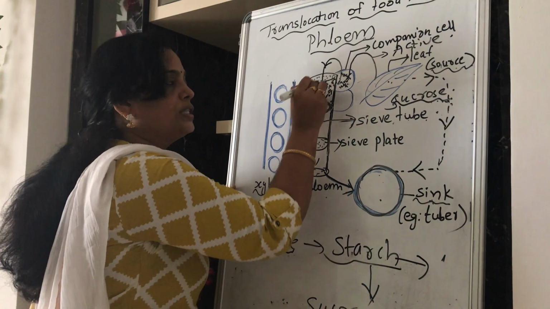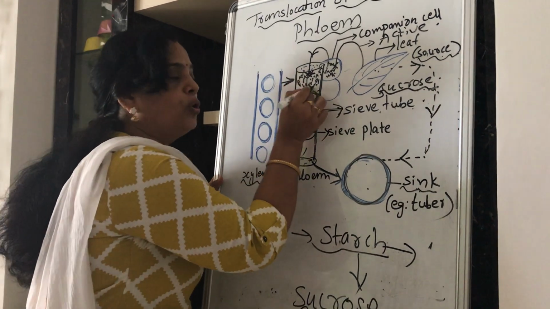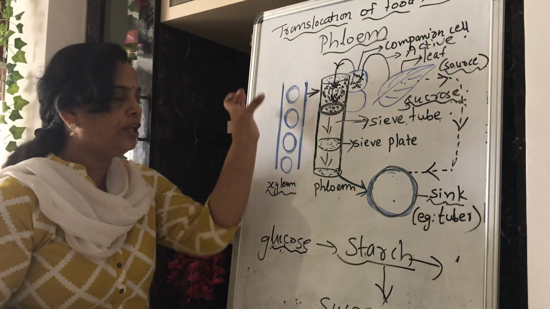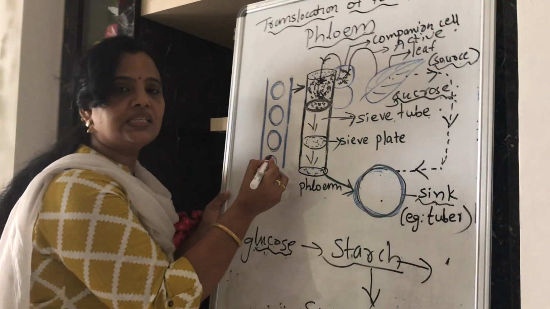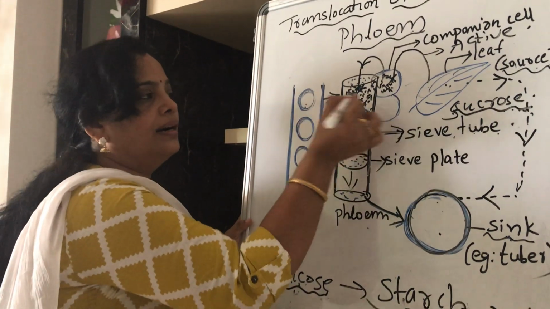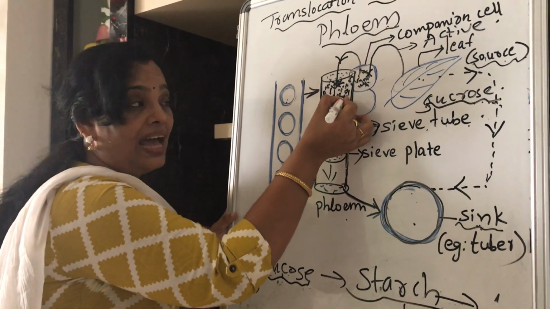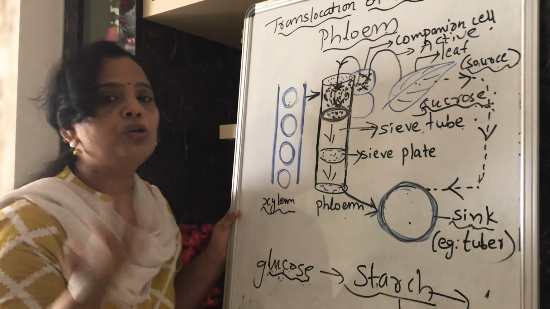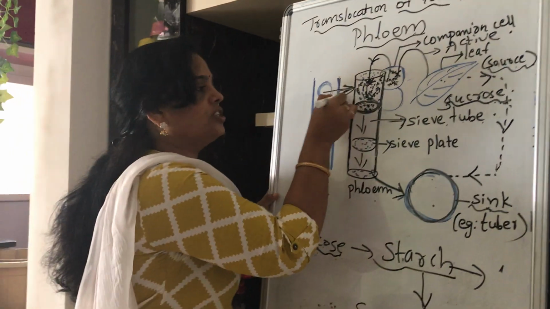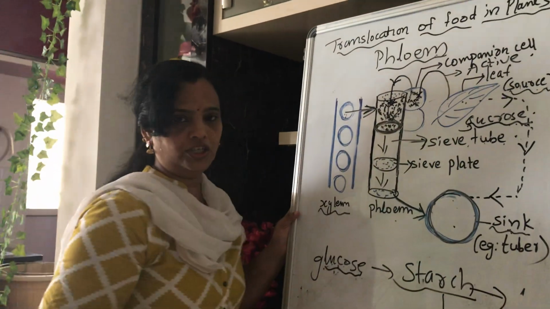The sucrose is entering. Due to this solute is more. Beside you have xylem, and what do you have in the xylem? Water. So the water is high there, water is less here, and sucrose is more, solute is more. So the water will move from high concentration to low concentration.